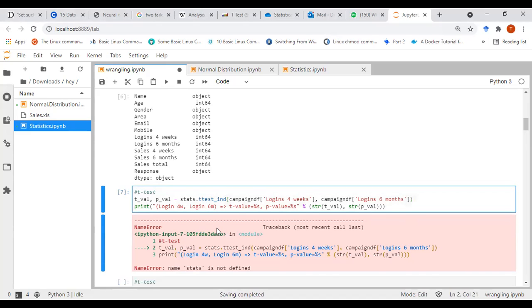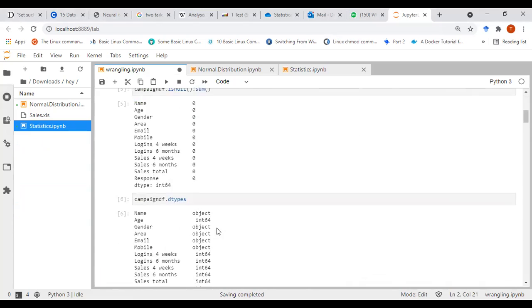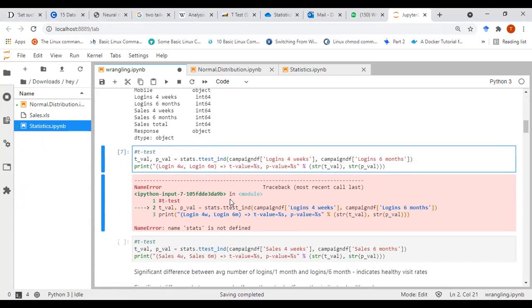Stats is not defined. Let me just check this. So probably I have to use SM.